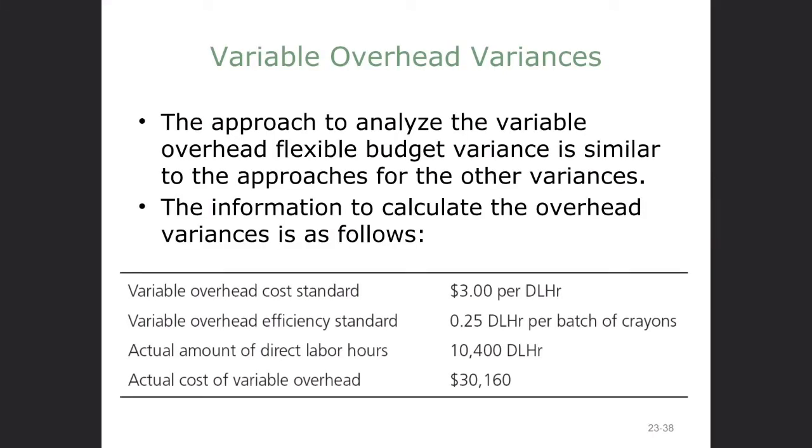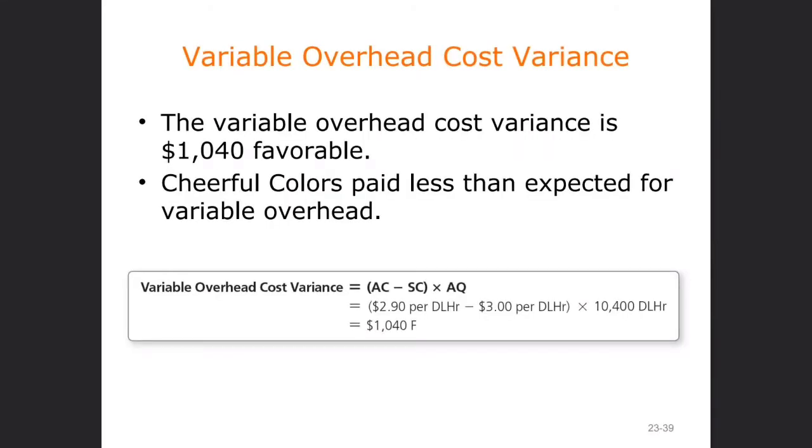The approach to analyze the variable overhead flexible budget variance is similar to the approaches for the other variances. The information to calculate the overhead variances is as follows. They're giving us a list of information here to do our calculations. Then we're going to plug those numbers in to find the variable overhead cost variance.